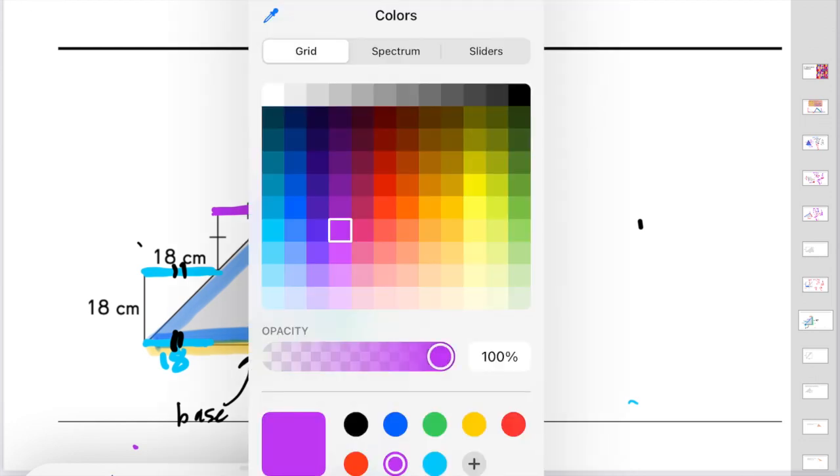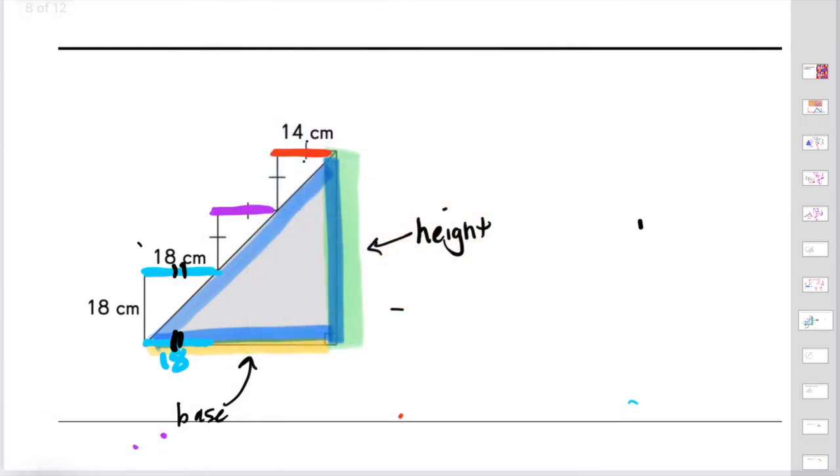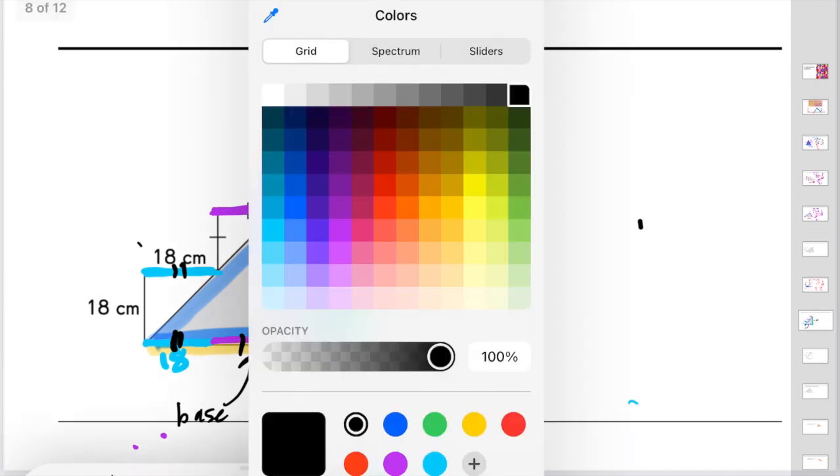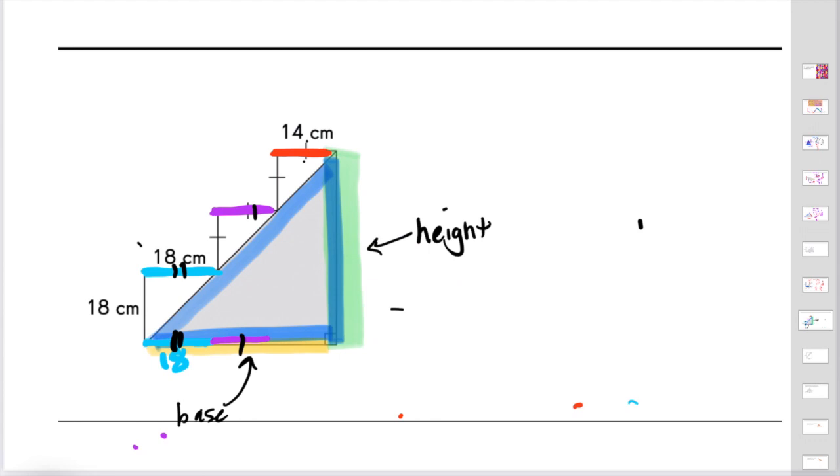And if we take that purple color up there and bring it right down below, it's as if we're pulling it down to the line below, then we can see that this length and this length will be equal. And then if we grab that orange length up here, 14 centimeters, and bring it down here, then we can see that that length will also be the same length as the line up there. So now we have these three lengths down here. We have 18 centimeters, 14 centimeters, and 14 centimeters.